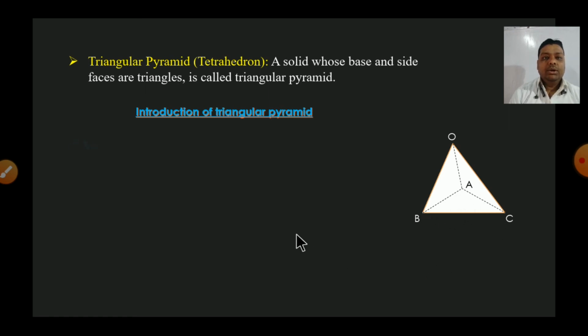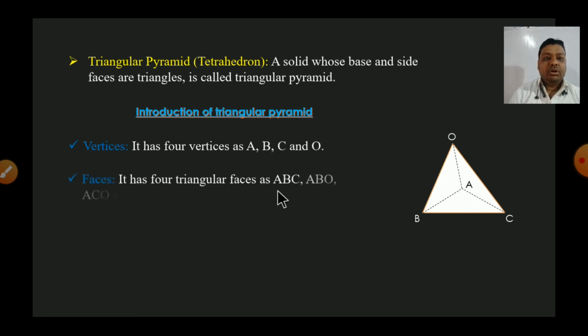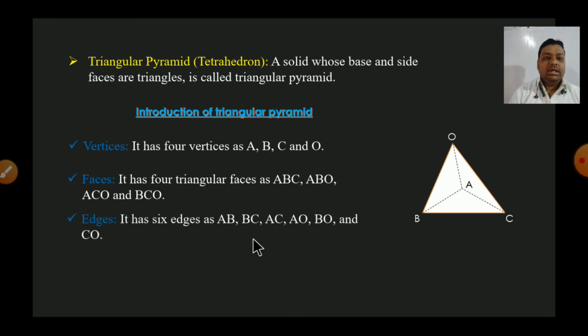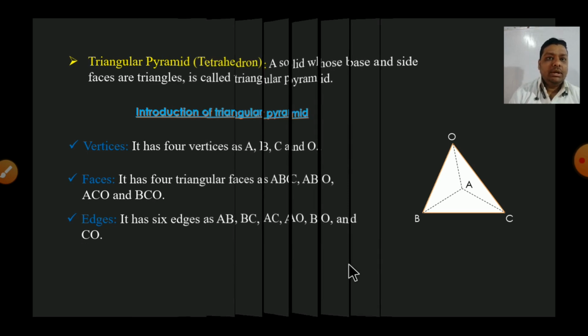Vertices: 4 vertices, A, B, C and O. Faces: it has 4 triangular faces, ABC, then AOC, AOB and triangle OBC. It has 6 edges: AB, BC, AC, AO, BO and CO. I hope you all have understood the triangular pyramid also, that is the tetrahedron.